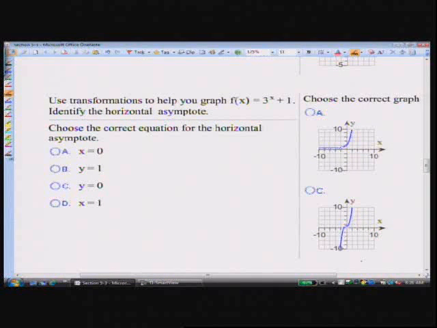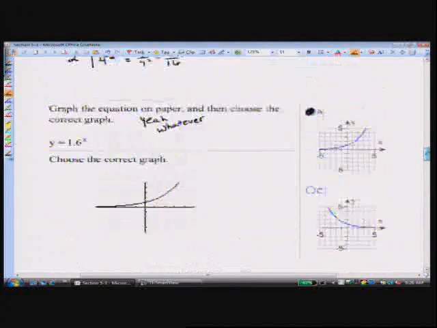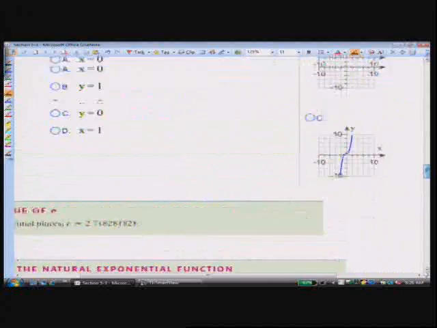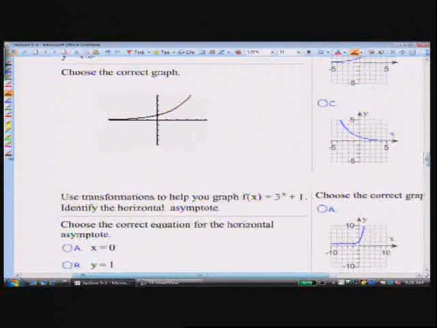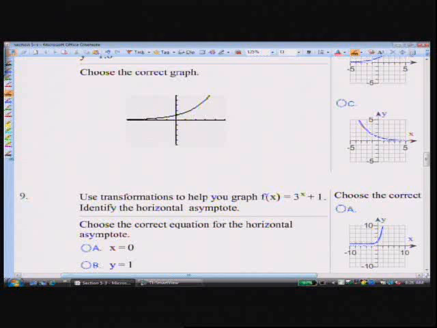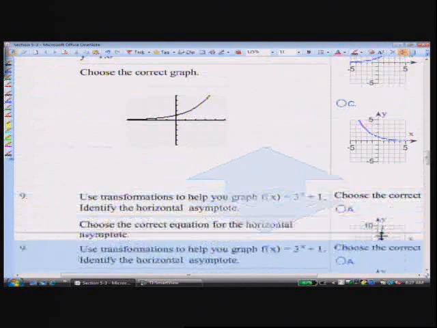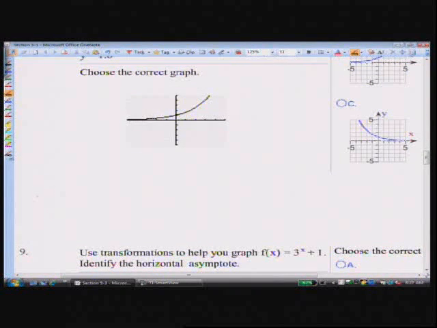Okay. It says use the transformations to help you graph 3 to the x plus 1. I don't have an in general sort of statement. What you must notice about these functions is that they could never be negative. So let's just make a note.